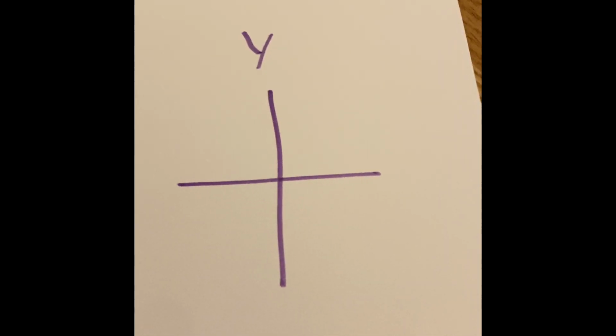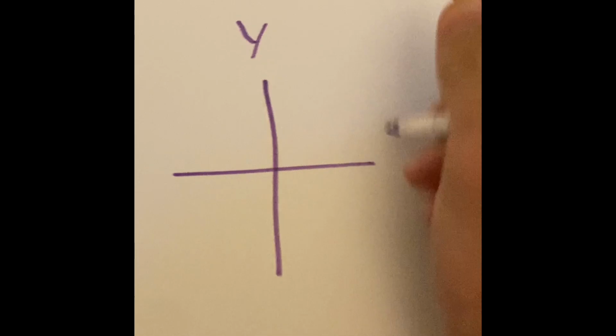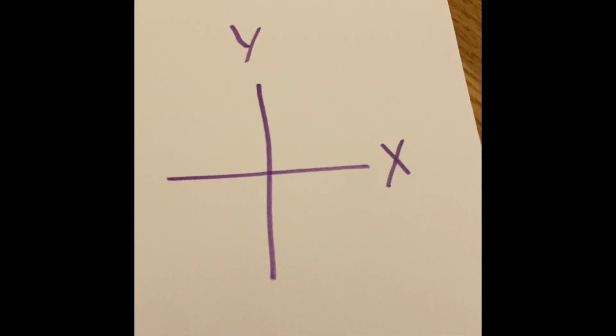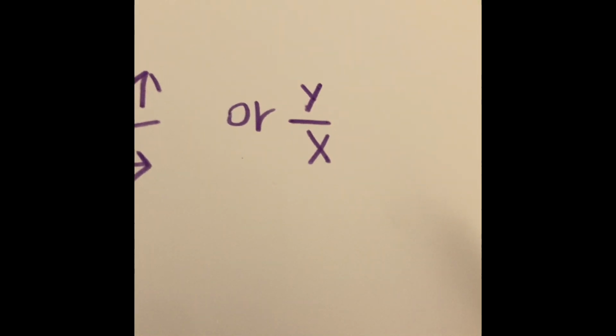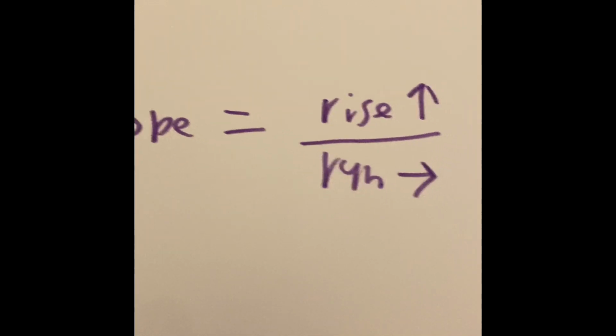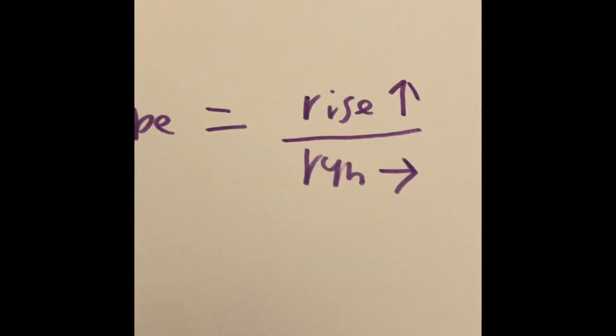And the line going from left to right, which is a horizontal line, is becoming your x-axis. That's why in the formula for slope, we use y divided by x. And the reason why is a slope moves like rise divided by run.